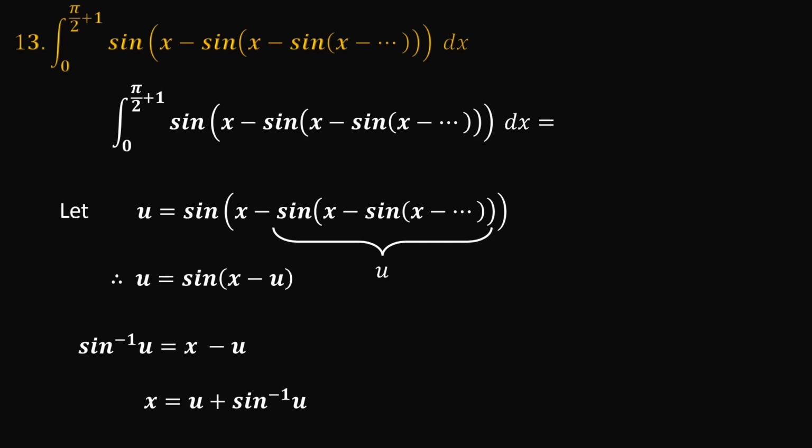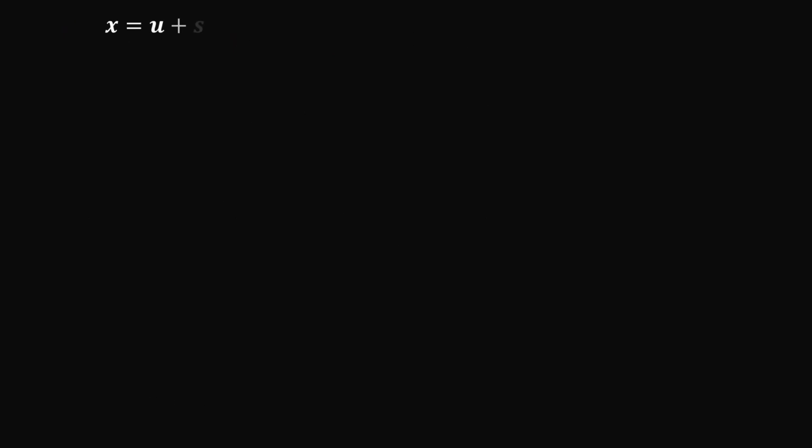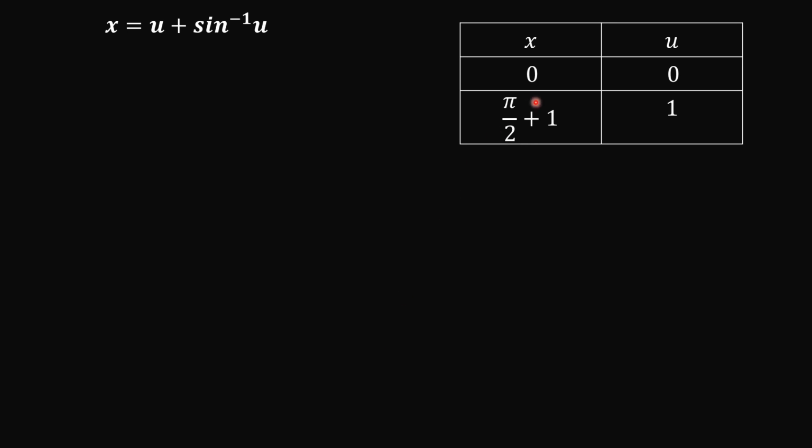Okay, so up to that point we are very clear. Now since x is the same as u plus the arcsine of u, if we look at the limits, when x is equal to 0, both the u here and the u within the arcsine should be equal to 0.